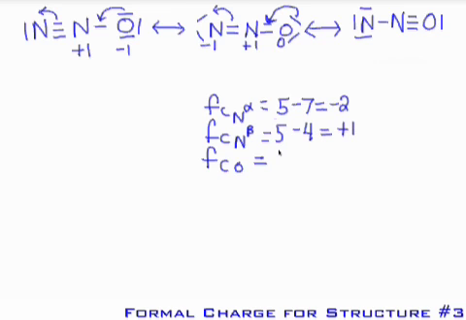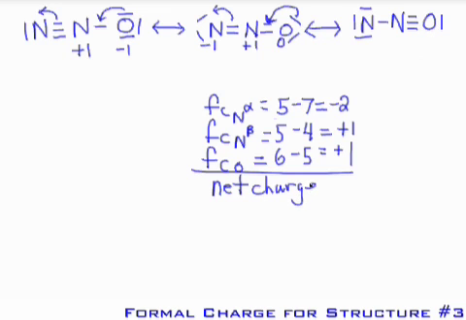Formal charge of oxygen. Oxygen has 6 valence electrons from the periodic table. Lone pair counts as 2, 1 for each bond. 2 plus 3 is 5. 6 minus 5 equals plus 1. Add up my net charge. Equals 0, the way it should be. And so this is a minus 2, plus 1, and plus 1.